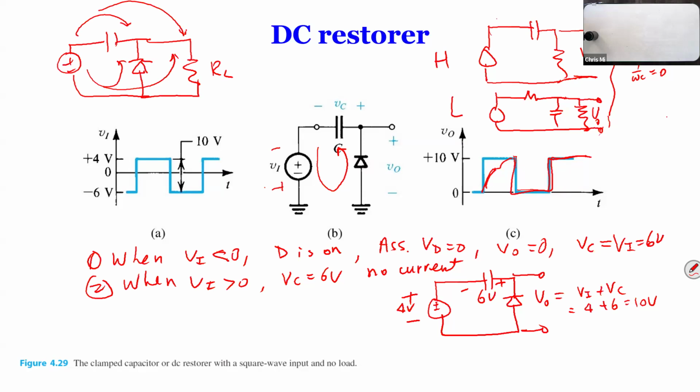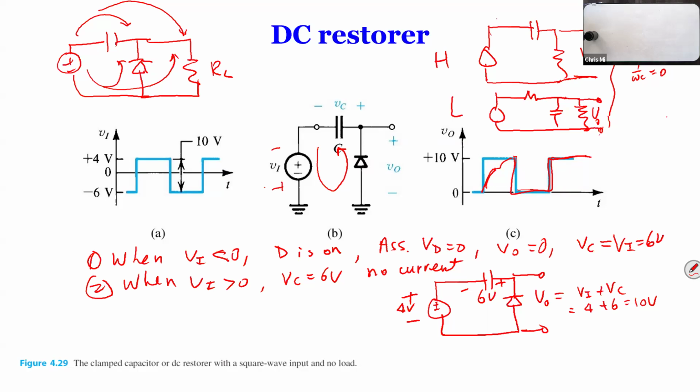It's no longer a DC restorer because the voltage across the resistance is always negative 6 volts. You could solve that by adding another diode in series with the load resistor, depending on what you need.